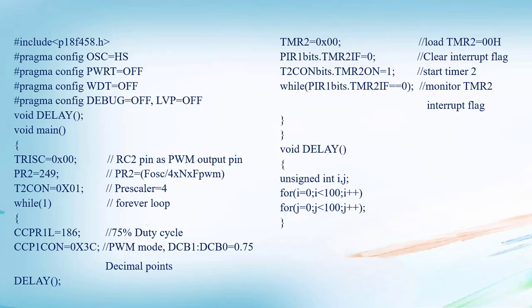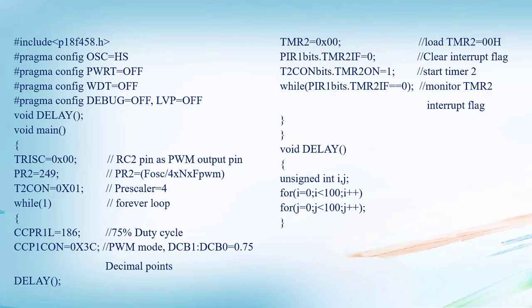So let us start with the program. First of all, we have to include the PIC18F4550 header files. Some configuration bits we have to set or reset here. Then let us start with the main function.